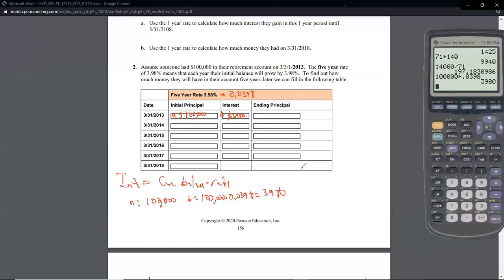So how do we find the ending principal? Let's call that block C. C is going to be the previous balance plus the money you just got for free. It's your 100,000 plus your 3980, which is going to be 103,980.